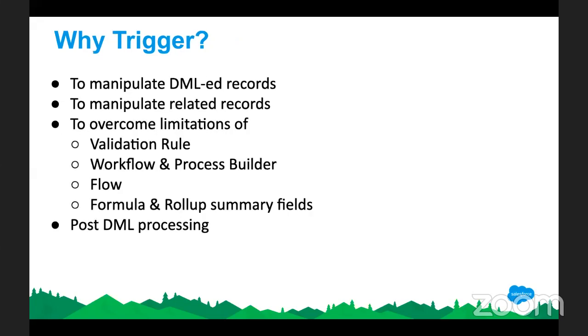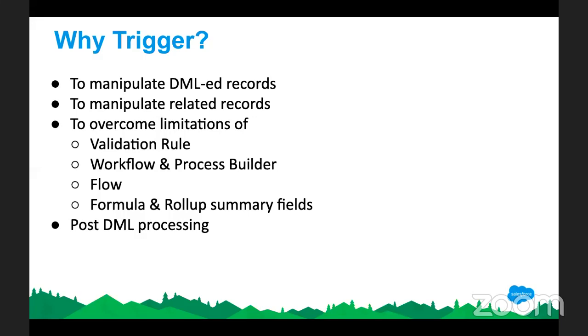Why trigger? It's mainly used to overcome the limitations of our point and click tools. But to go a step further, to manipulate DML records, I'm going with a new word, DML. That means if I am doing a DML operation, like Mani said in the last session, an insert, update, delete, we can manipulate the records that are DML'd.